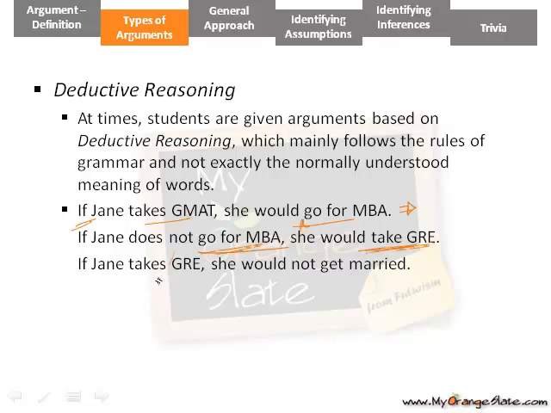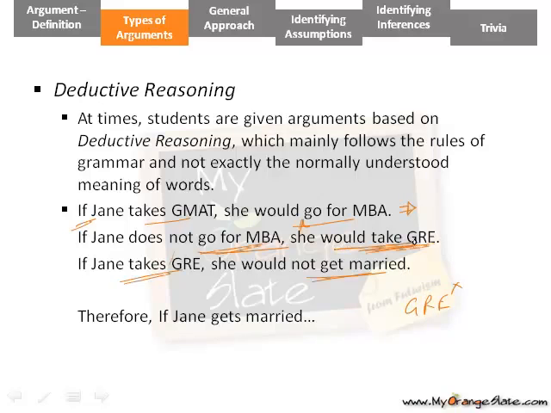Similarly, if she takes GRE, she would not get married. So if she does not take GRE, we cannot say whether she would get married or not. But if she gets married, she would definitely not take GRE. Therefore, if Jane gets married, she would not take GRE.